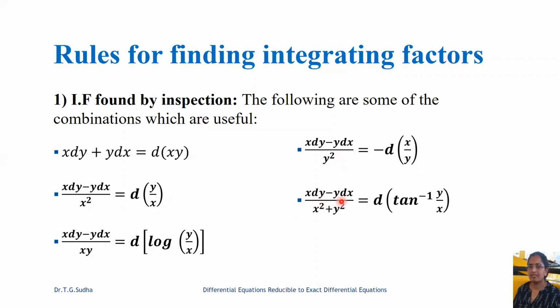x dy minus y dx divided by x square plus y square is d of tan inverse of y by x. x dx plus y dy divided by x square plus y square is d of half of log of x square plus y square.